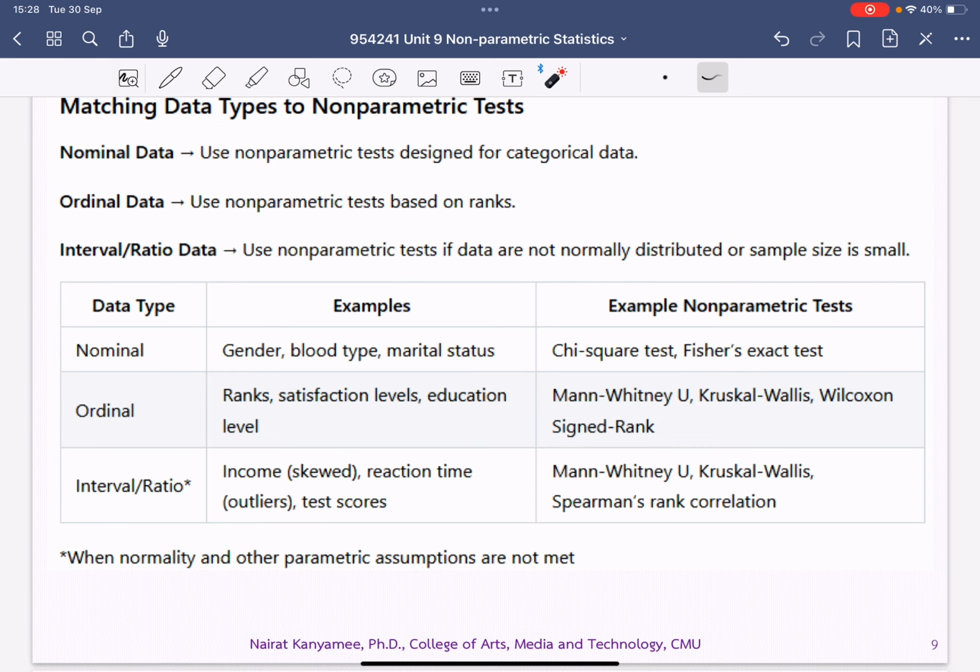But if the data are normally distributed, then we use the parametric test.